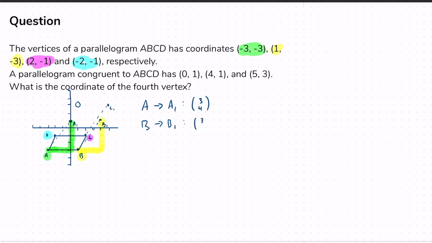And finally, let's have a look at C here. 1, 2, 3, up 4 again. So I'm pretty confident that I am shifting this by 3, 4.